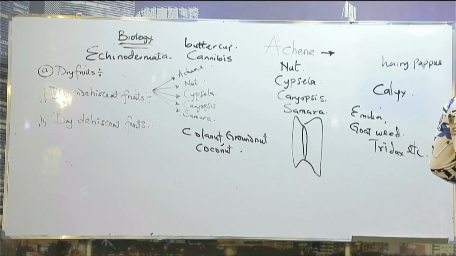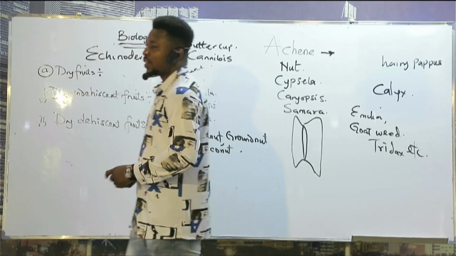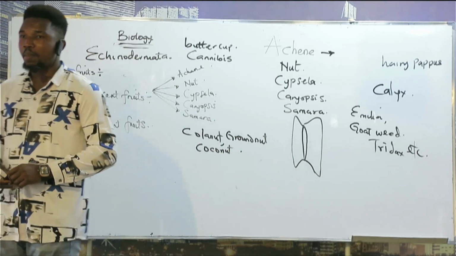We have the Emilia, goatweed, the tridax, and we have etc. Caryopsis. Let's go into caryopsis.